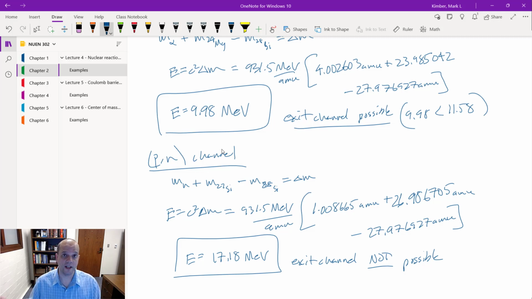Now the question is, what if I gave some energy to that proton instead of assuming it was at rest initially? What if I gave it 10 MeV or 20 MeV? Well, then my available energy for my exit paths is increased from 11.58 to 21.58 if it were a 10 MeV proton. And so that opens up additional exit paths.